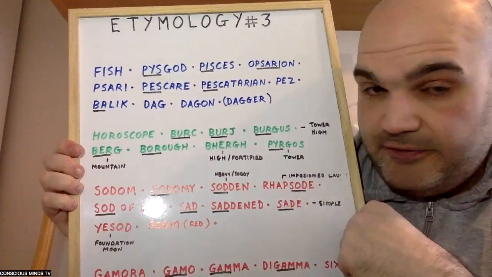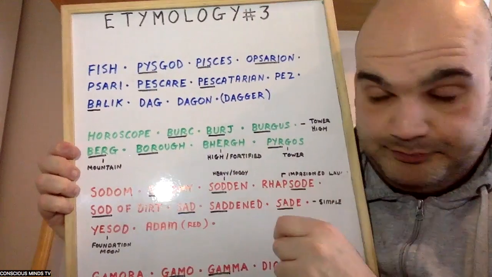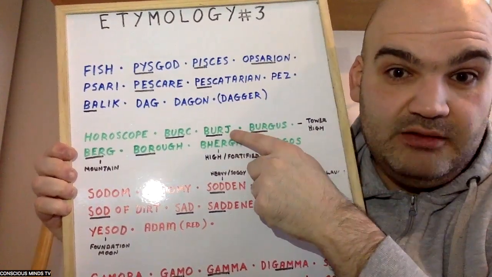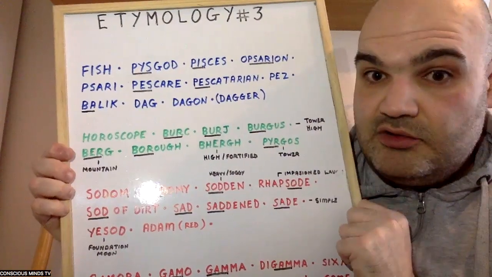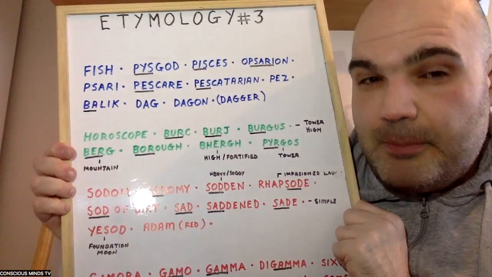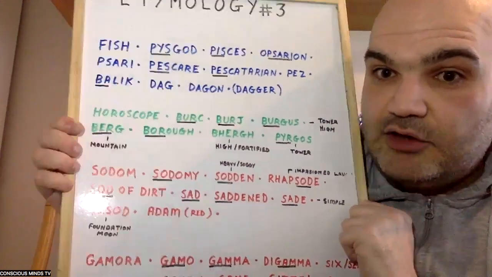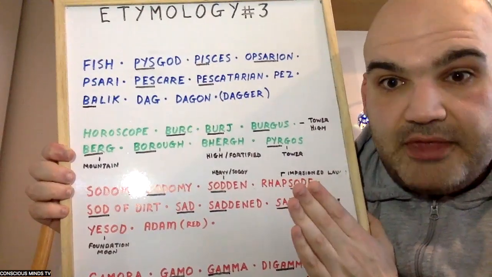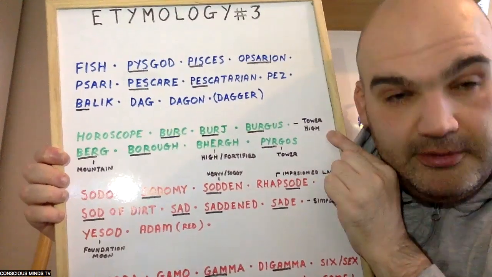So the word for horoscope in Turkish is this word here, which is burç. And in Arabic it's burj with a J. J and C are also interchangeable, by the way. When we look at what burç actually means, it is horoscope as well, but the actual meaning is tower or high.